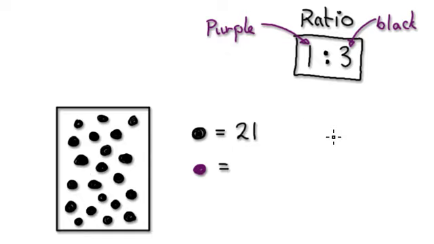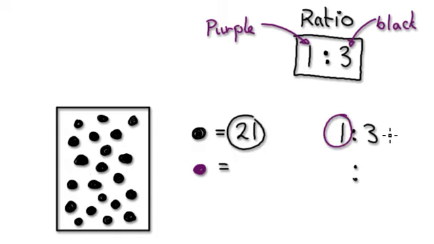Okay, the way I normally do ratios is this. You're given the ratio 1 to 3. Now you're told that there are 21 black sweets. So remember, this represents purple and this represents black. I'm going to have to try and get to 21 black sweets, and in effect, I am trying to work out x here.